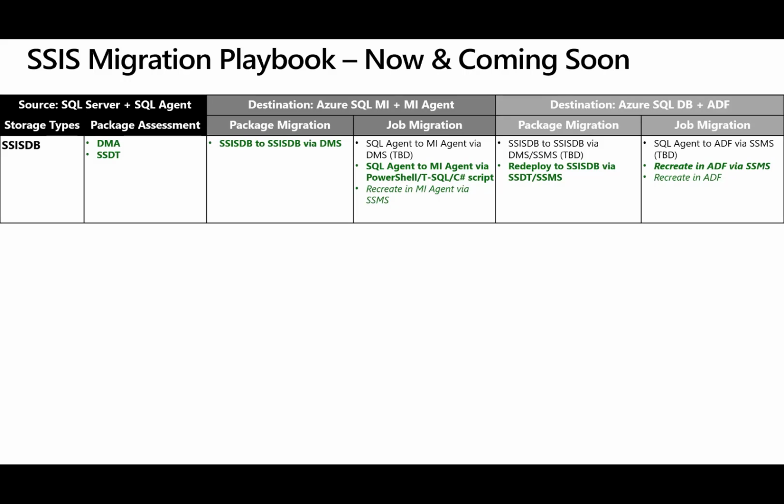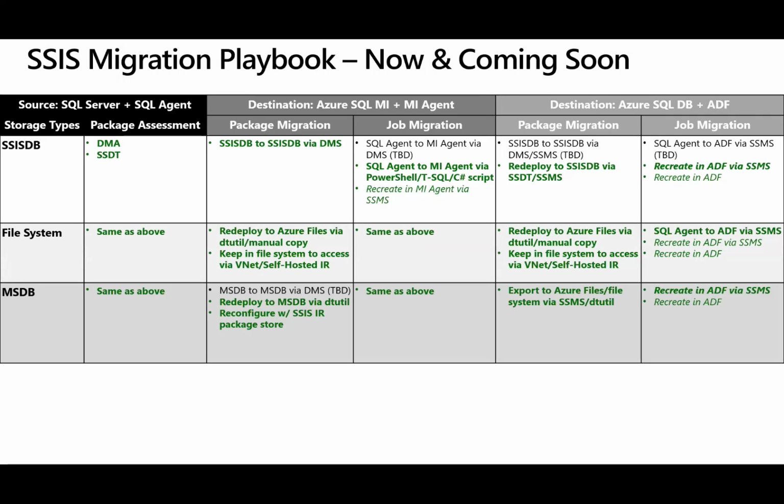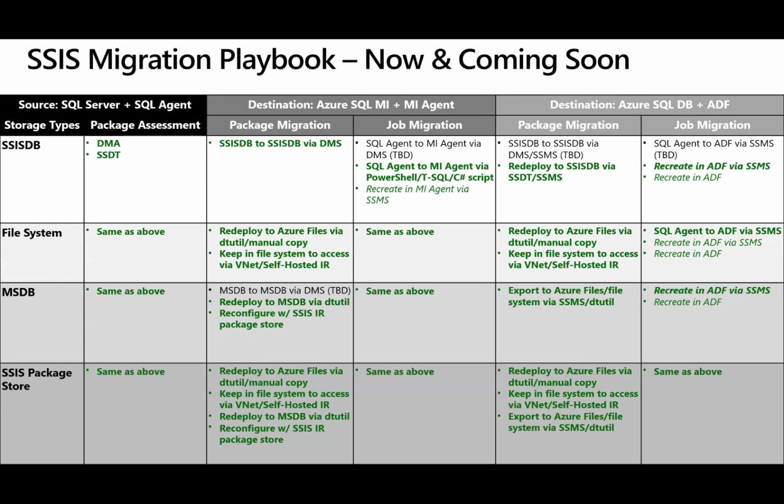The playbook is essentially a 4x5 matrix that shows the recommended tool and action to take when you migrate your SQL Server to the cloud, based on the package storage and the destination of the SQL migration. And you can see there are four rows, right? So there are 4 different storage types where you can store your packages.